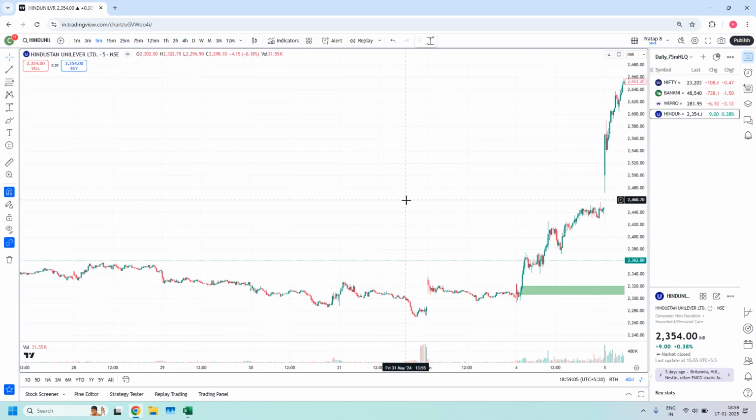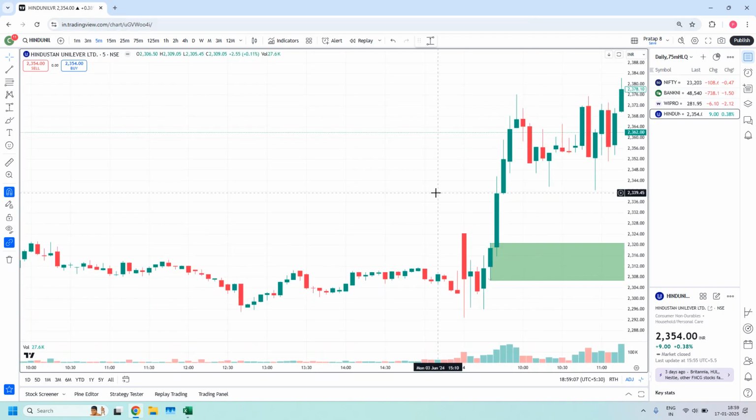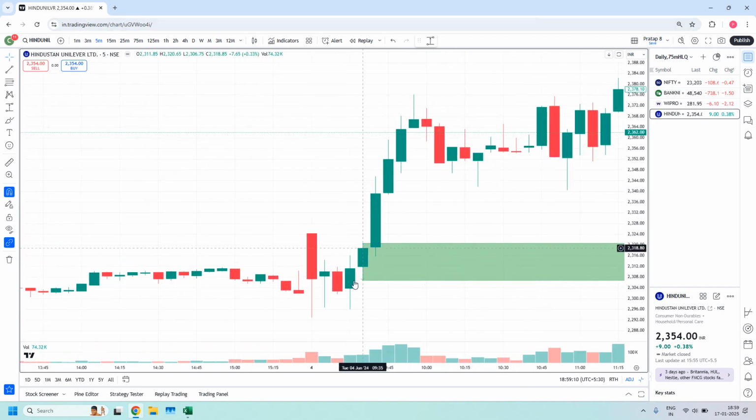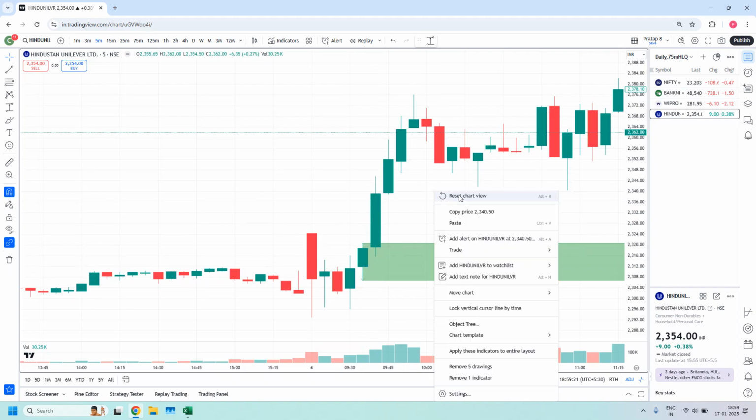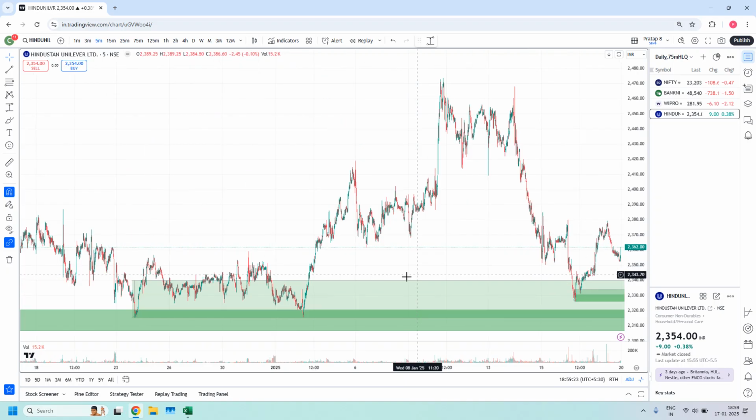Look into this 5-minute horizon. A failed ERC candle as a leg-in, a rally candle, base candle, rally candle. This 5-minute zone is the horizon for this entire 75-minute zone.